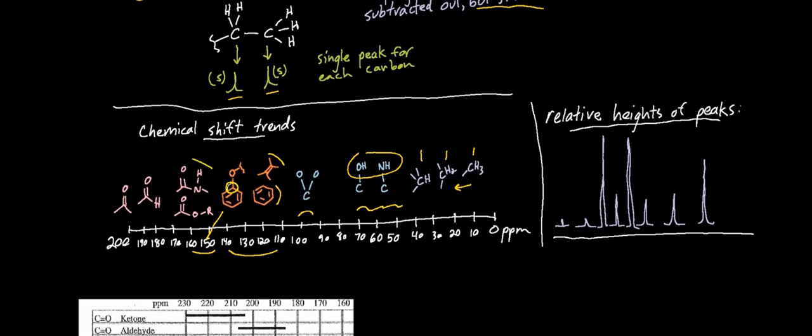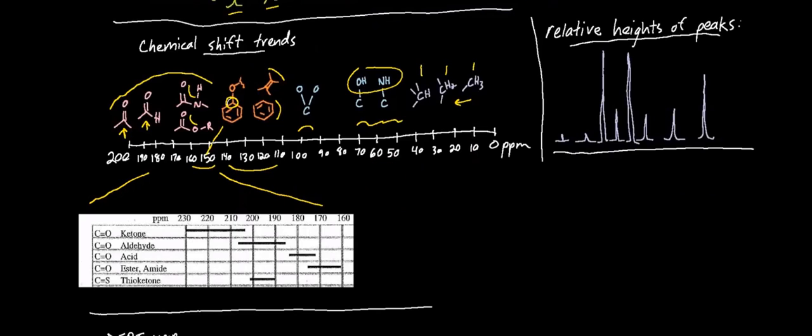Carbonyls are among the most deshielded things. If you have amides, esters, carboxylic acids, the distribution of electrons is among the 3 atoms here, for example. That has a little bit of a shielding effect compared to aldehydes and ketone carbonyls. Ketones are very deshielded. So this region of the spectrum is especially useful.